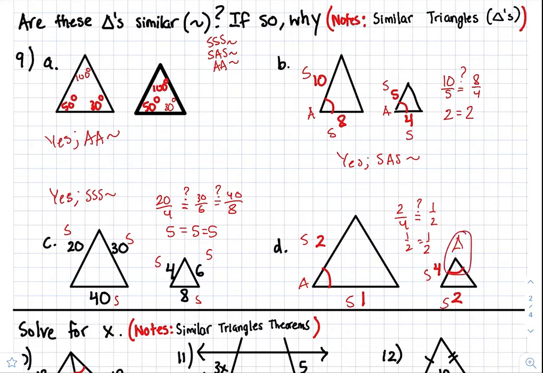This angle is not included between these 2 sides, and that's the only way we can prove triangles similar, if it's an included angle of side-angle-side. So this one is no, not similar, because this angle is not in between the 2 sides. If it was, then yes, these triangles would be similar, but it's not.